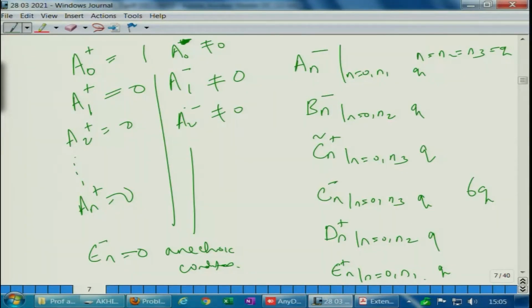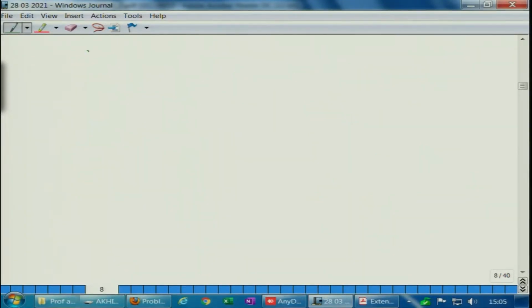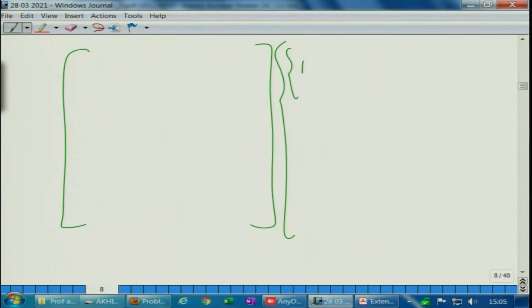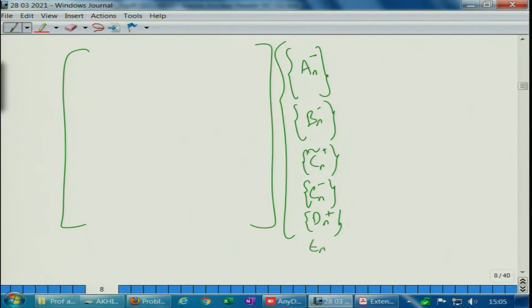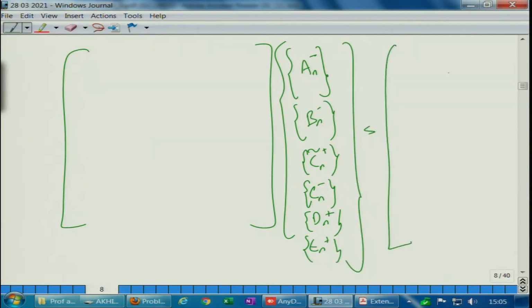All these will eventually be expressed as a big matrix, where you have this block of unknown coefficients, A n minus, B n, C n plus, C n minus, D n and E n, equal to some coefficients times A 0.